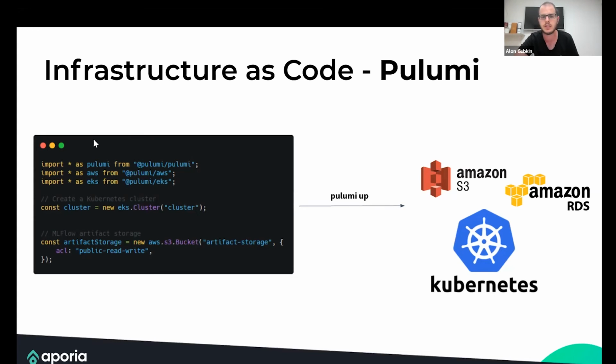A second advantage is that you can easily share infrastructure components. If I build some cool component using EKS and a database and stuff like that, I can just send my friend the source code for this component, and then he immediately has that.